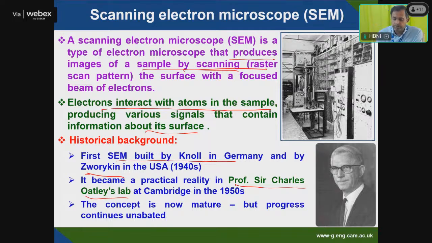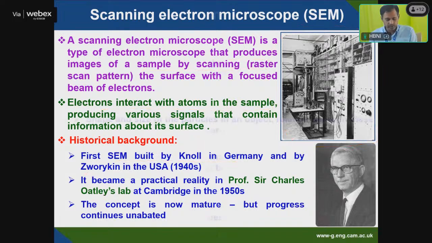This is the first SEM image. It was the size of a big room. Now the current SEM is just a tabletop microscope. Progress is still going on, but overall it depends upon how the surface is scanned by the raster scanner.